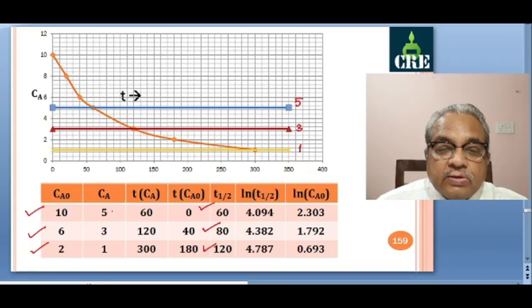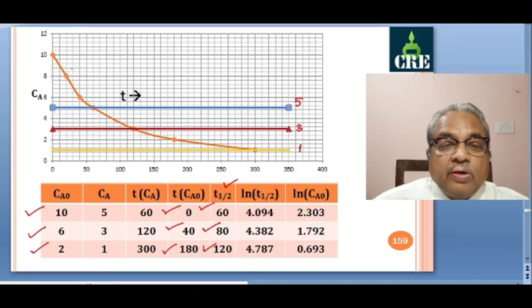So for the first point, CA is equal to 5, this value is 60. Then CA is equal to 3, from here you have to read, this is 120. CA is equal to 1, from here this is 300. Okay. So the corresponding value of T half: from 10 to 5, this is 60 minus 0, which is 60.